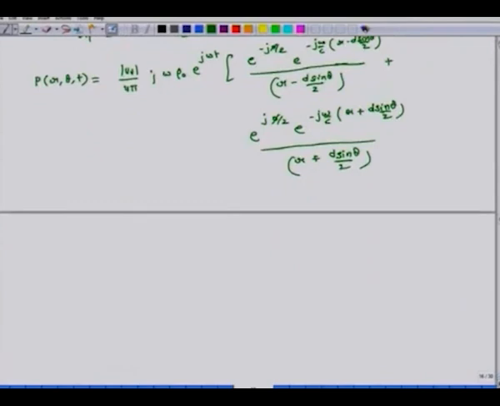So, I have this somewhat complex expression, and at this stage I will start simplifying it.